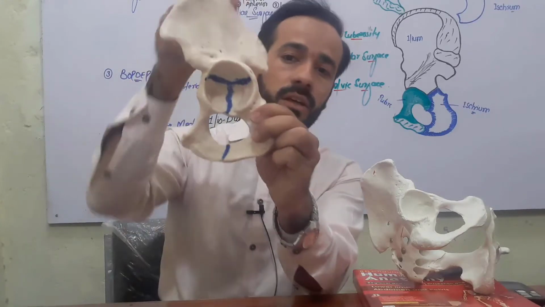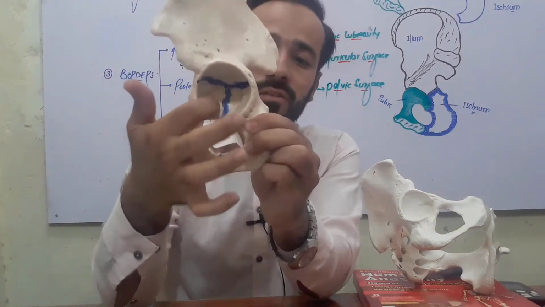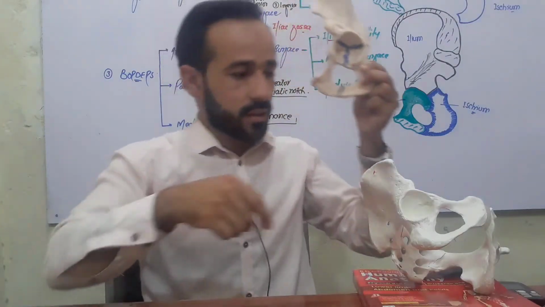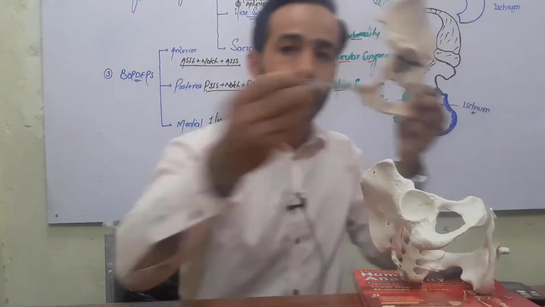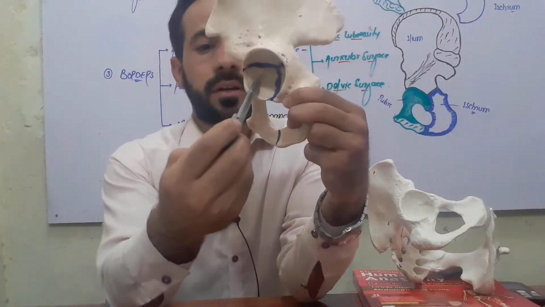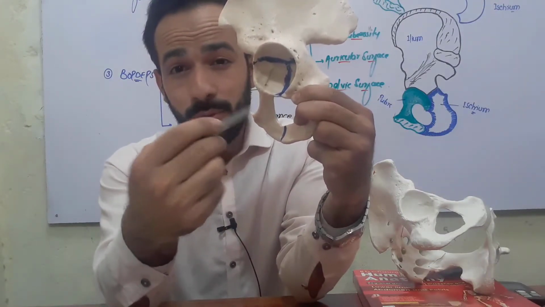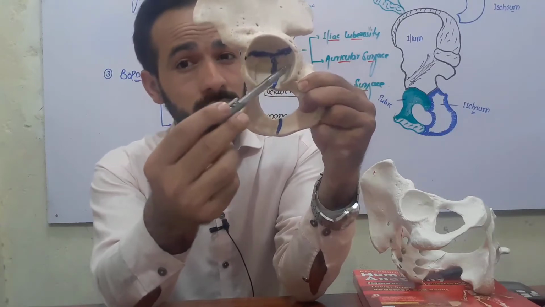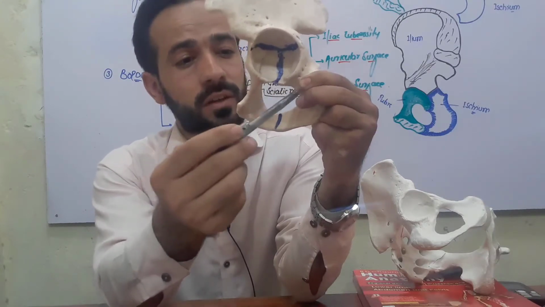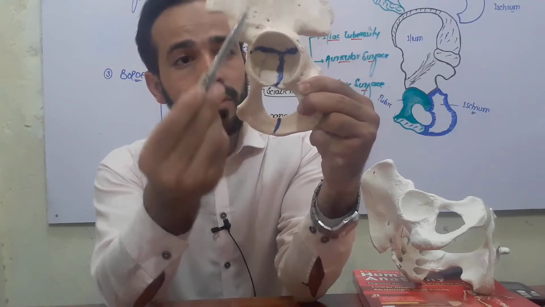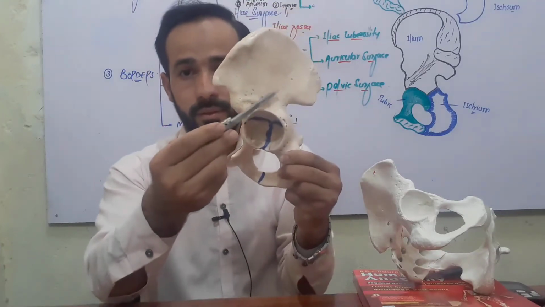And you can see here this part of the acetabulum, which I'm pointing with this ball point, is the part of the pubis bone. Then this part is the part of the ischial bone, and the upper part of the acetabulum is the part of the ilium, right?